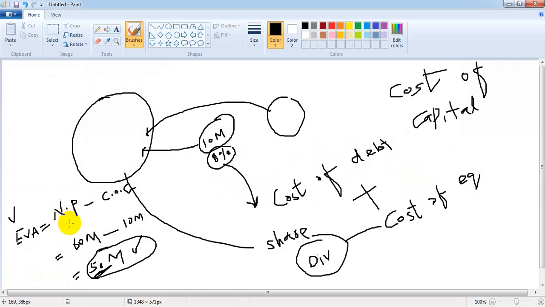Now here, what is our return? 60. What is our cost of capital? 10. So 60 minus 10, 50 will be the value which is added in the company. Now the company adds 50 million this year in their equity.